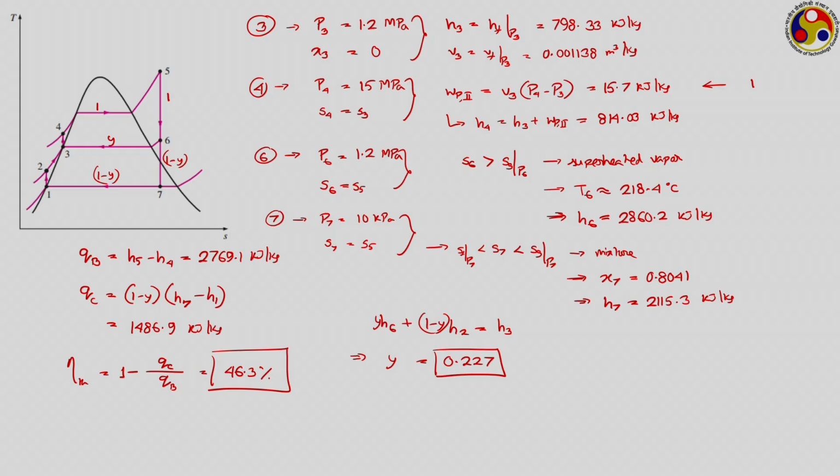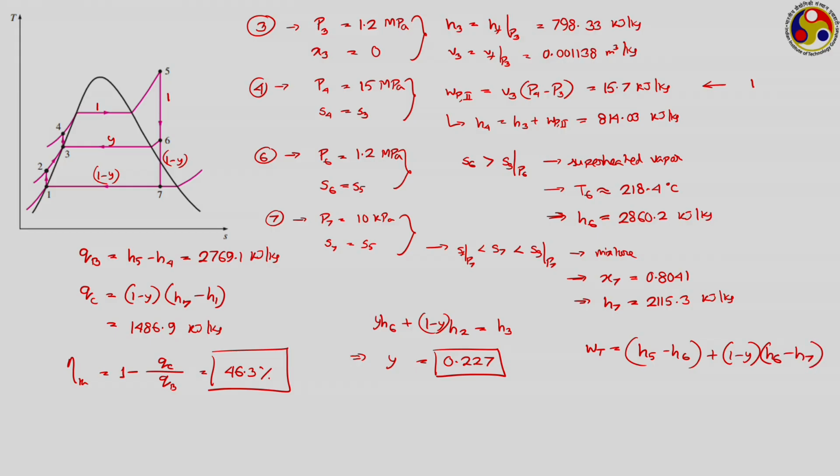Of course, we have extracted some steam from the turbine, and therefore, the net power output from the turbine will be lower. We have not calculated this, but the WT you can easily calculate as H5 minus H6 plus 1 minus y into H6 minus H7. I do not have the calculated value.